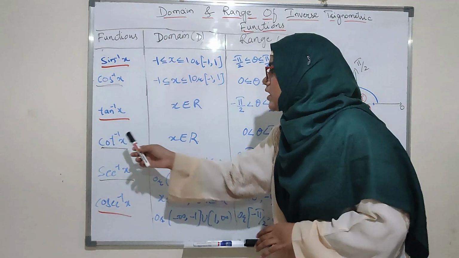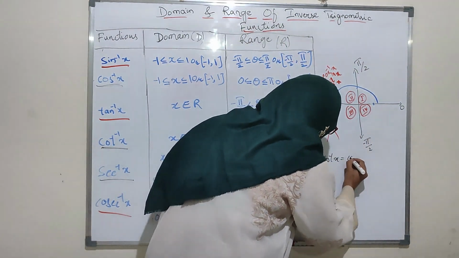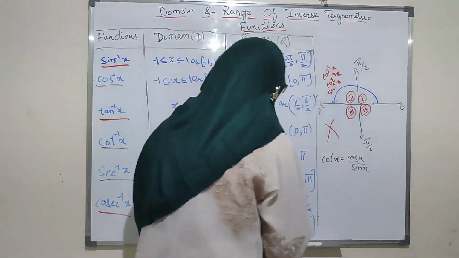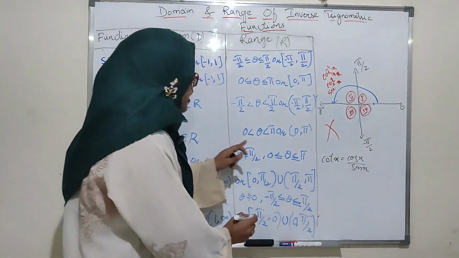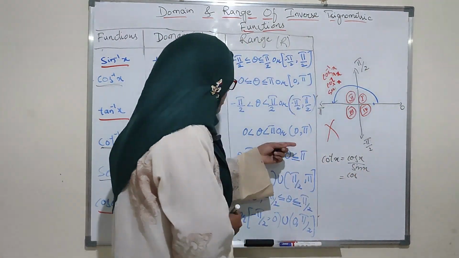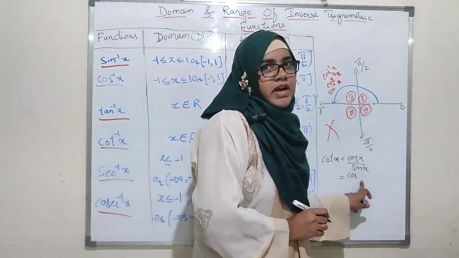And what about cot? You all know that cot of x is cos x by sin x. If you are taking values 0 and pi, sin is not defined on 0 and pi.